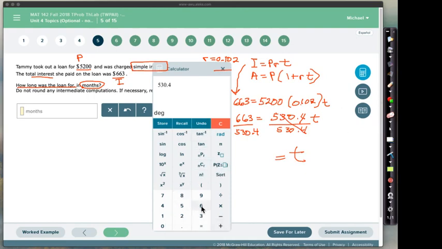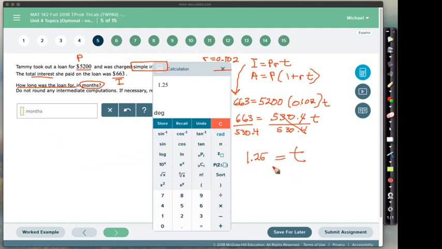So 663 divided by 530.4, and we get 1.25. But that's 1.25 years. They want the answer in months.